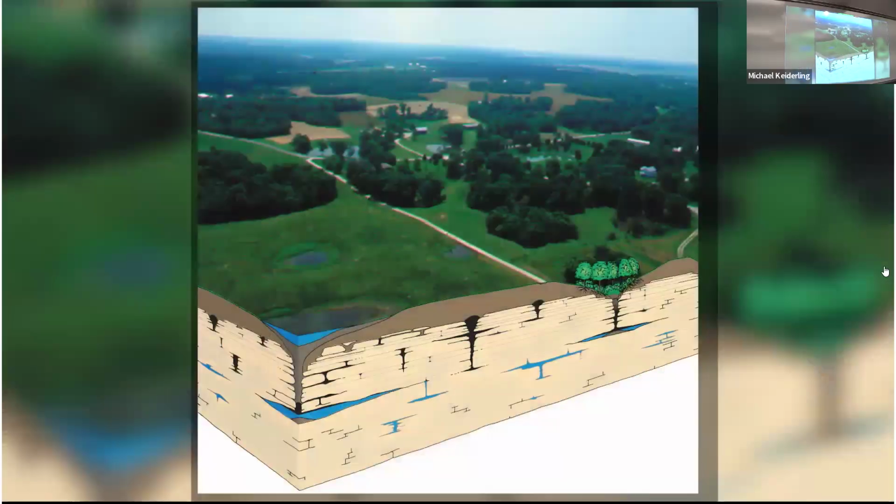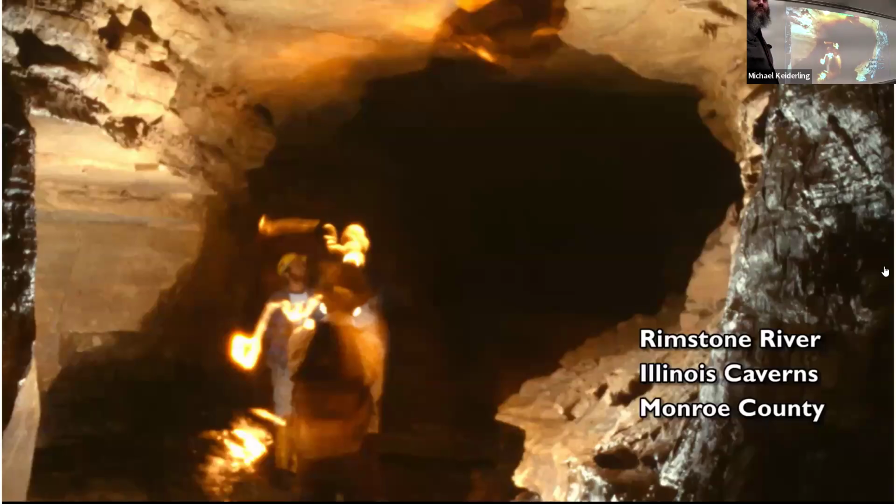And when the rainwater seeps in, or surface water, it begins to dissolve this rock. The process takes thousands of years, tens of thousands of years, millions of years. What occurs is as the fractures get bigger and bigger, then the water can seep into the bedding planes, just fairly flat-lying layers of limestone, and create caves.